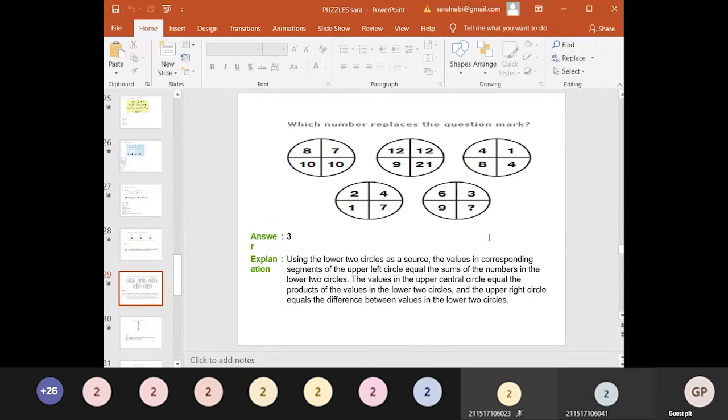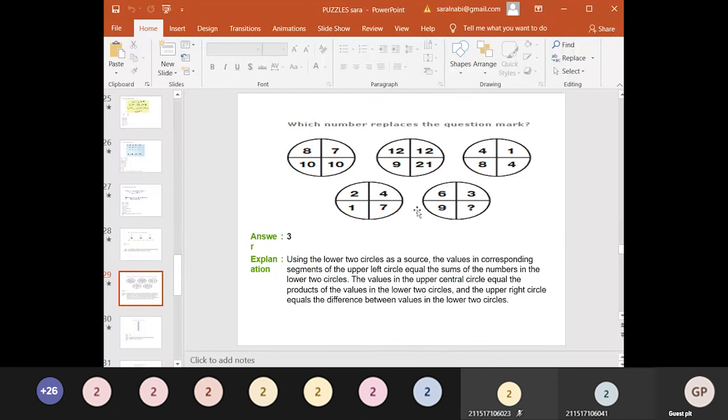So using the sources at the top, you can find the answer at the bottom, or using the left and right side sources, you can find the answer of the middle one. And here you could see the lower two circles are the source. So the bottom circles are the source, and you can find out the answer of the top.